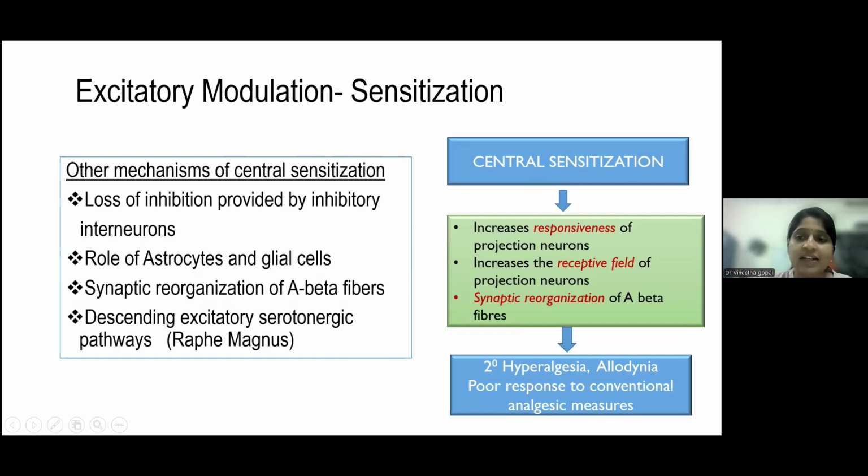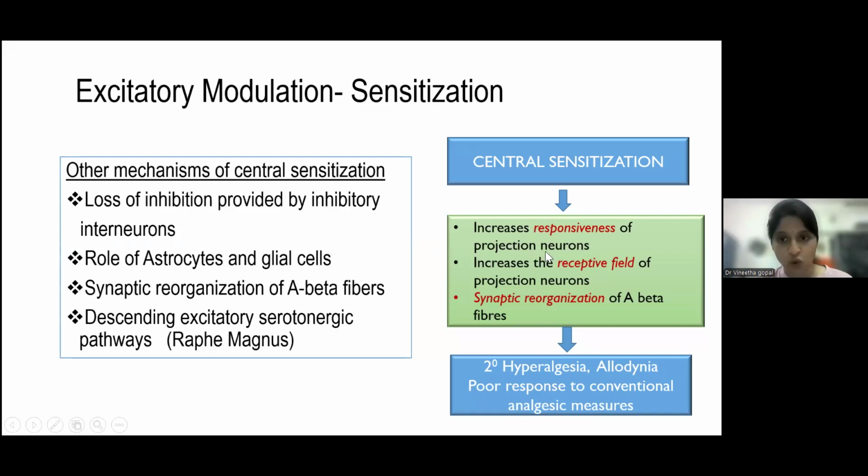When there is central sensitization, whatever I have told before, NMDA has started acting. The voltage sensitive calcium channel has more intake of calcium. So the net response is like this. In the dorsal horn of the spinal cord, these neurons are known as projection neurons, the second order neurons.